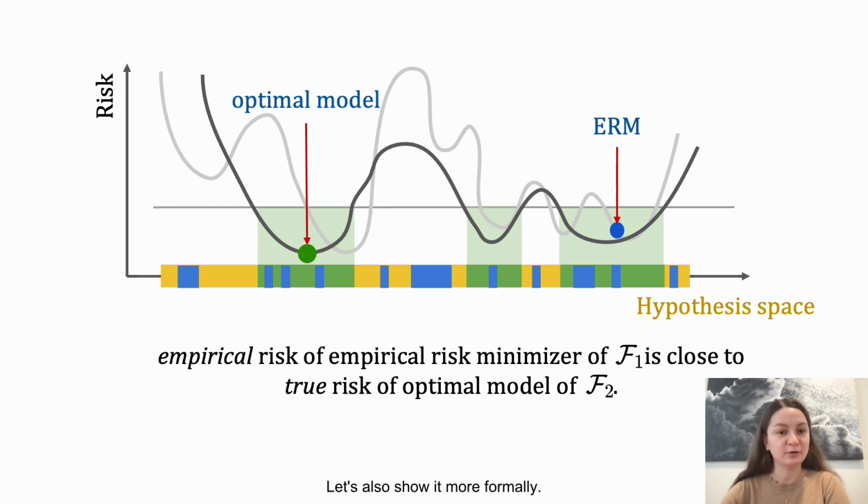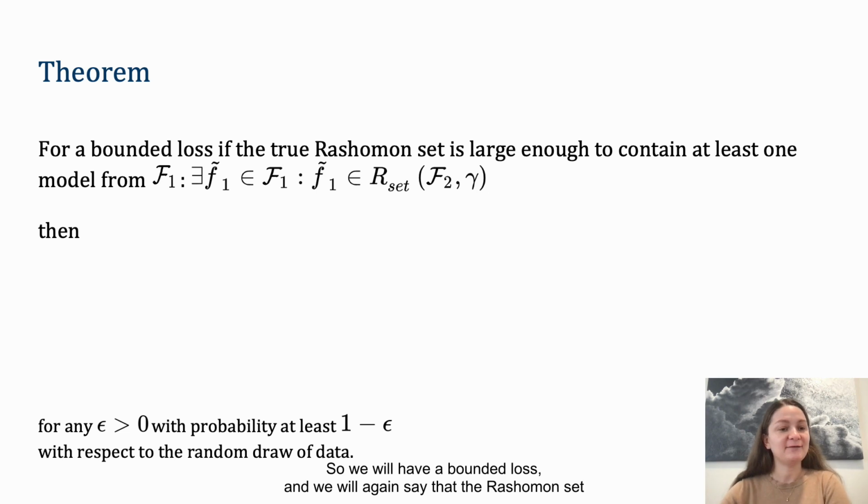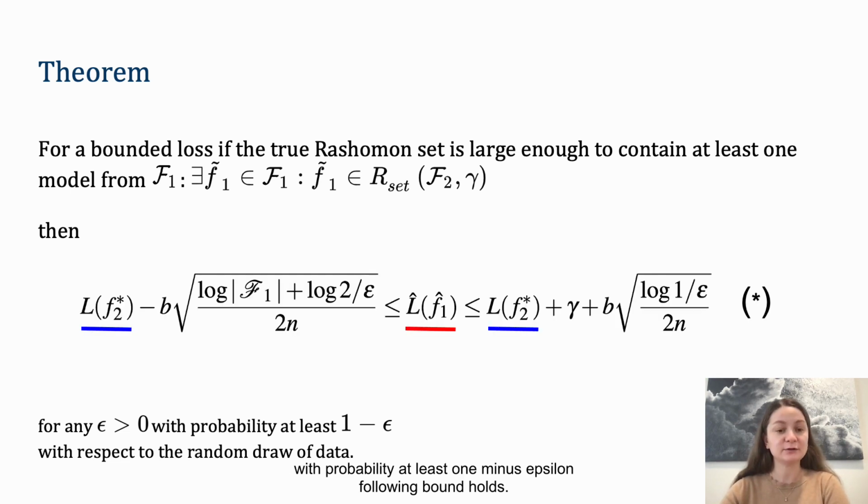Let's also show it more formally. We will have a bounded loss, and we will again say that the Rashomon set is large enough to contain at least one model from F1. Then for any epsilon greater than 0, with probability 1 minus epsilon, the following bound holds. This bounds the empirical risk minimizer of F1 with the true risk of F2 star, the optimal model from F2.